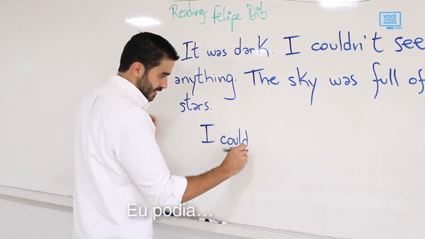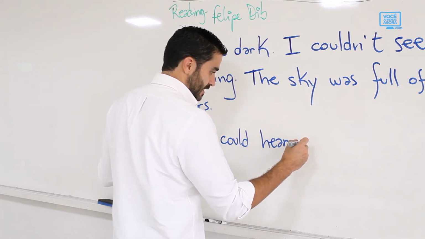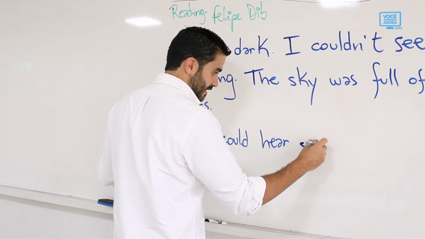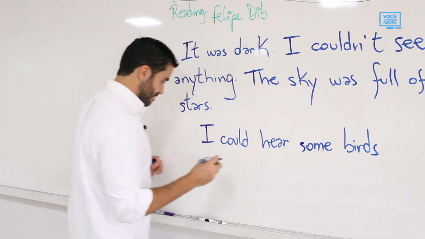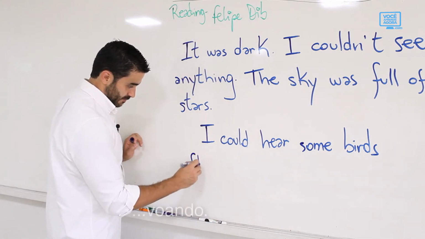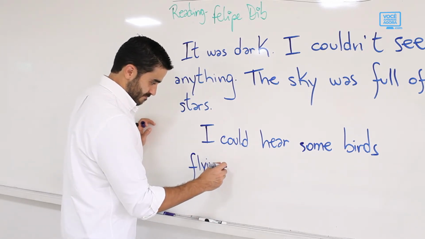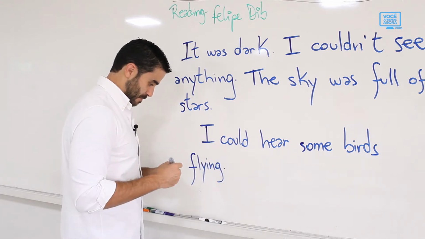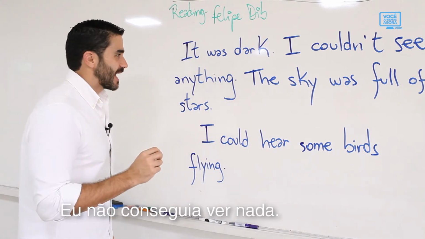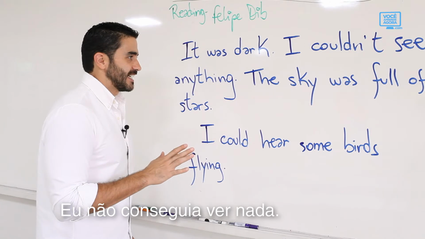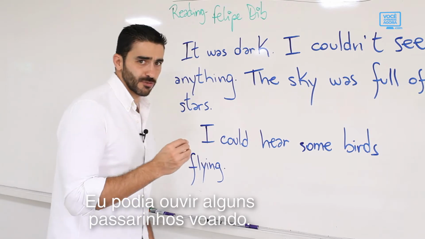I could hear some birds flying. Let's read. It was dark. I couldn't see anything. The sky was full of stars. I could hear some birds flying.